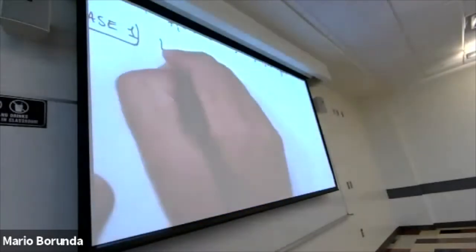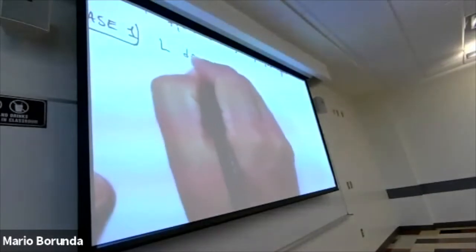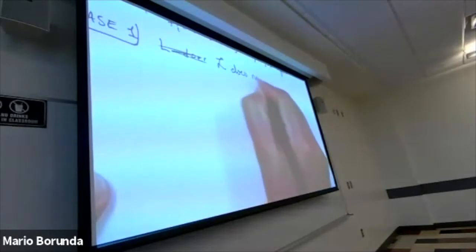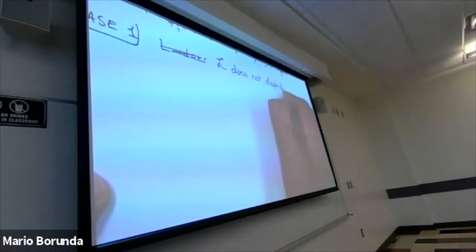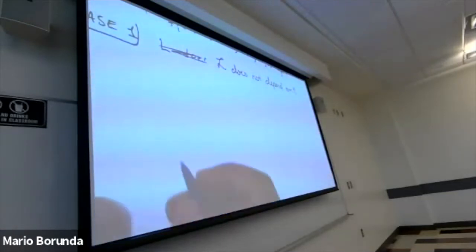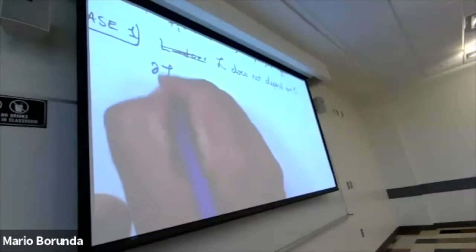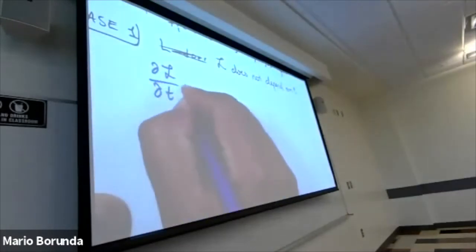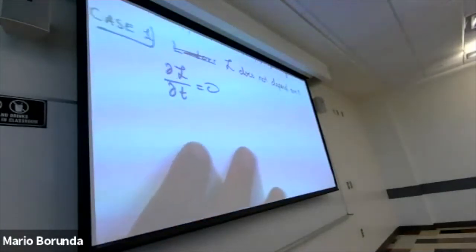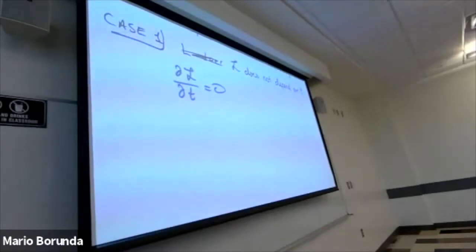L does not depend on time. So what does that mean? Explicitly, that would mean that this thing is 0, right? So this is the first case that I want to cover.